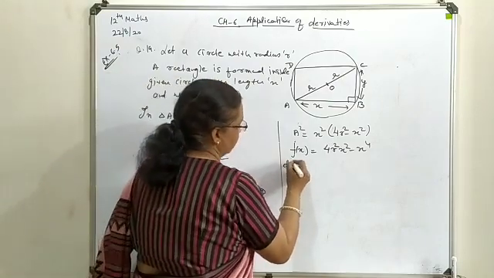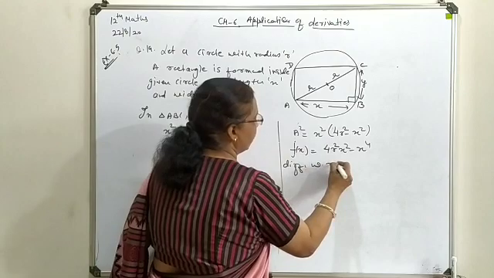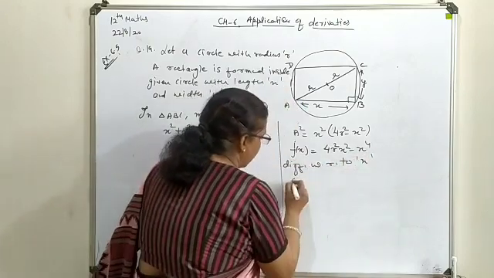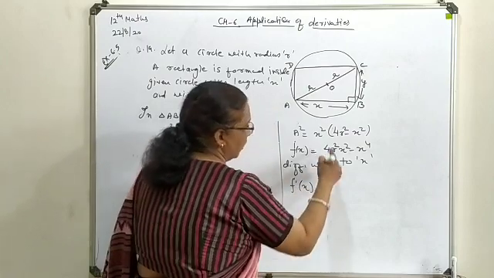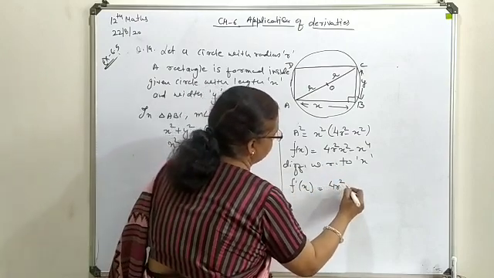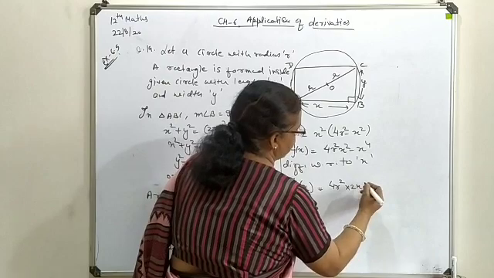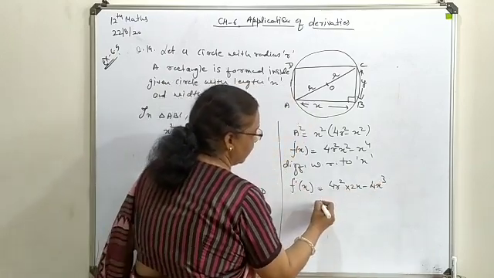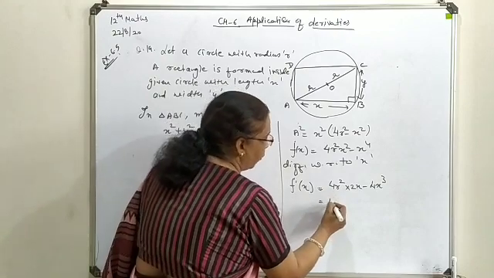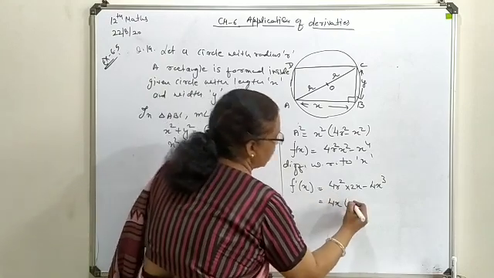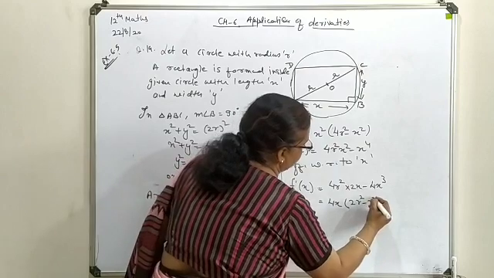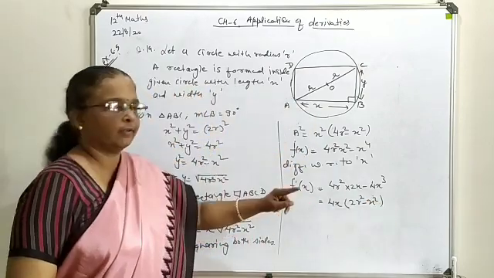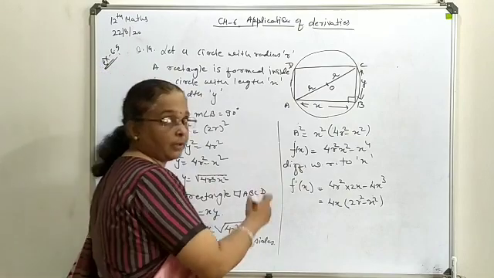So differentiate with respect to x. f dash x will be 4r square into 2x minus 4x cube. From here you can say that 4x is common. Inside the bracket it is 2r square minus x square.